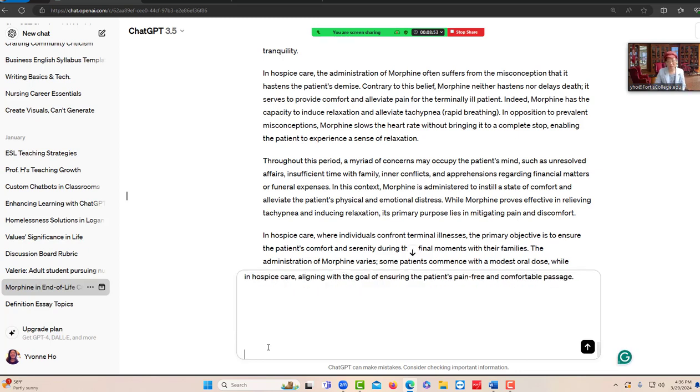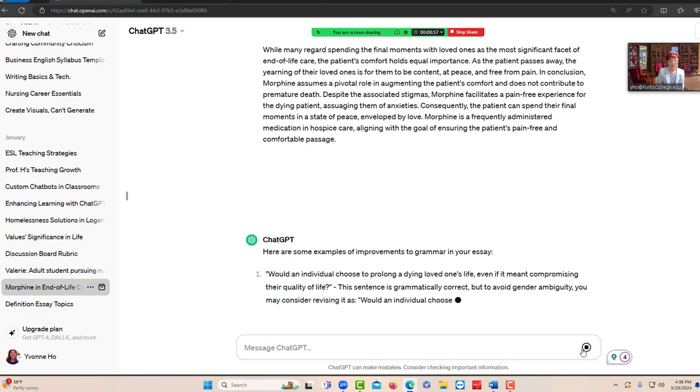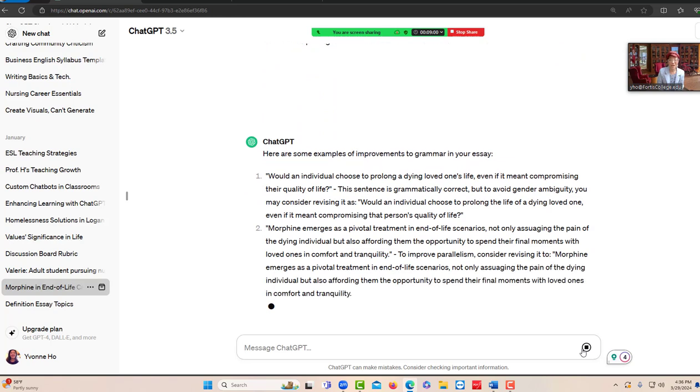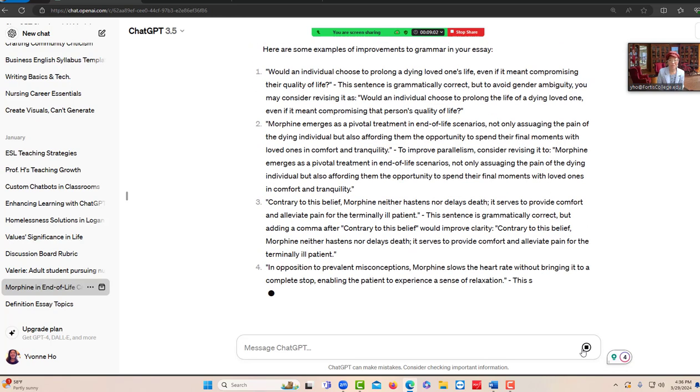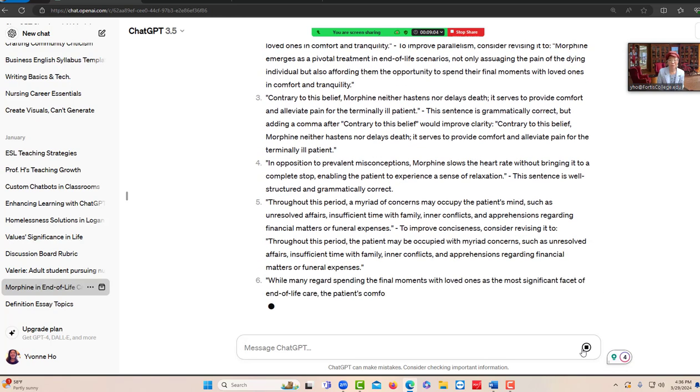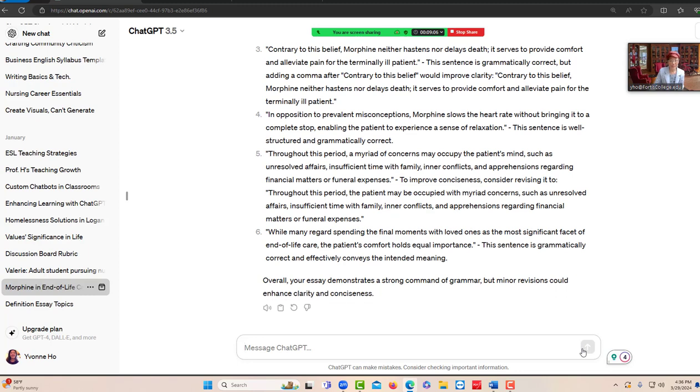Then you cut and paste the essay, and here it will give you sentence by sentence examples of how you can improve your grammar. Then, or give me essay feedback on how to improve sentence structure, and also get rid of all my fragments.